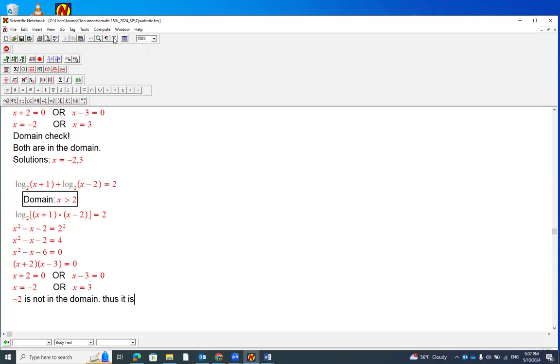Thus, it is not a solution. So in the end, there's only one solution, and that solution is x equals 3.